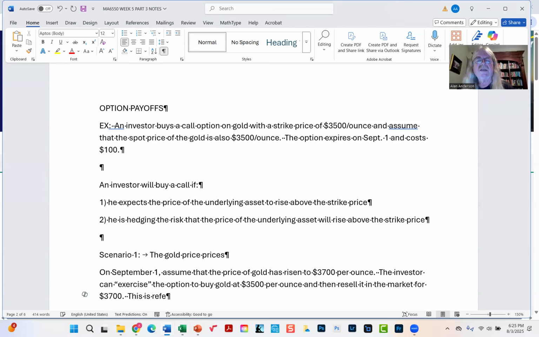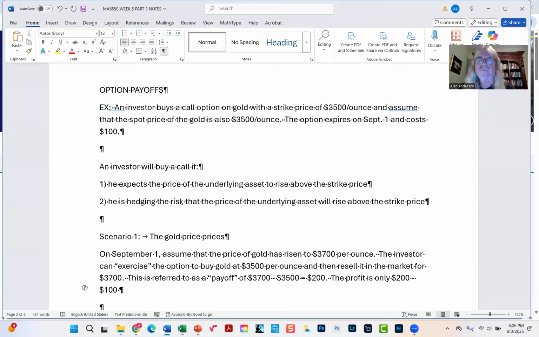This is referred to as a payoff of 3,700 minus 3,500, which is 200. So we were able to buy the gold for 3,500 when it was really worth 3,700. That means we have a payoff of 200, but the profit is only 100. We have to pay $100 for that option. But still, we just doubled our money because we went from 100 to 200.